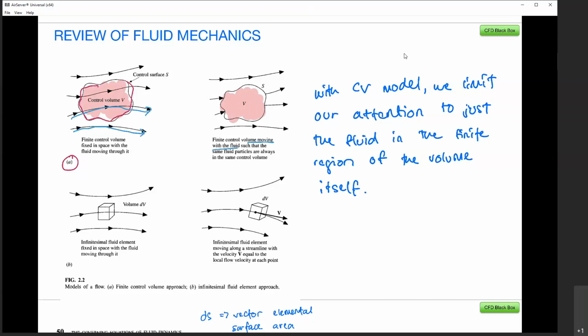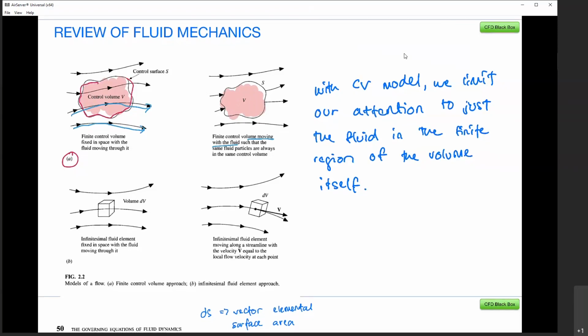So that's the first two. The second model in B, we have an infinitesimal fluid element. Just to recap, infinitesimal means very, very small. A very small fluid element fixed in space with the fluid moving through it.